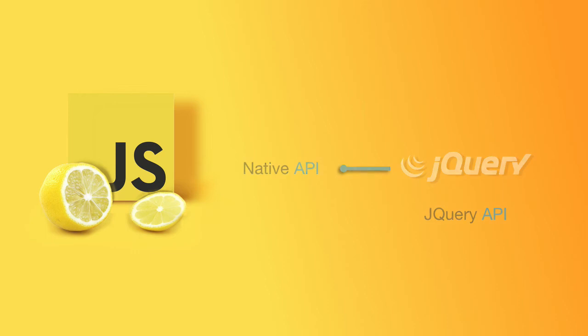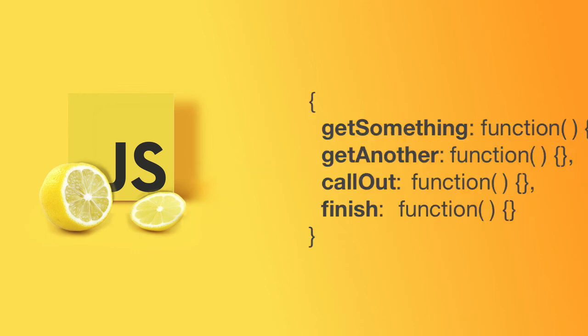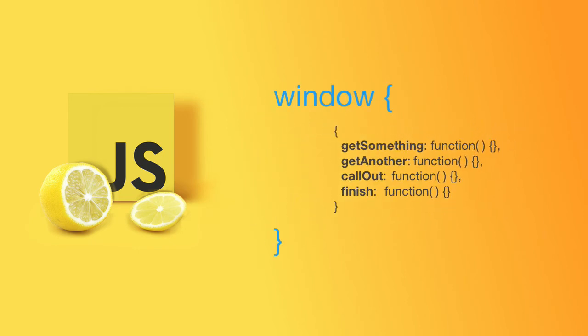That's what libraries are. And whenever I create, let's say, an object within the window object, because everything goes inside of that window object, and we'll learn more about this later, but whenever I create an object with my own methods or my own functions and my own properties, I'm essentially creating an API. You don't have to give it a name, but that's what you are doing. You are creating your own API.